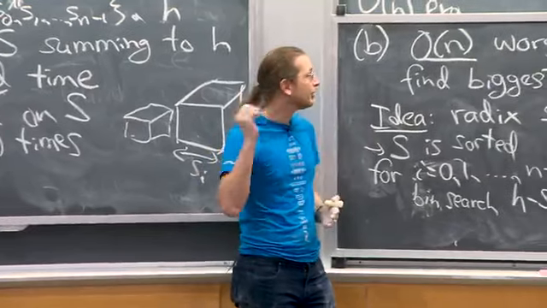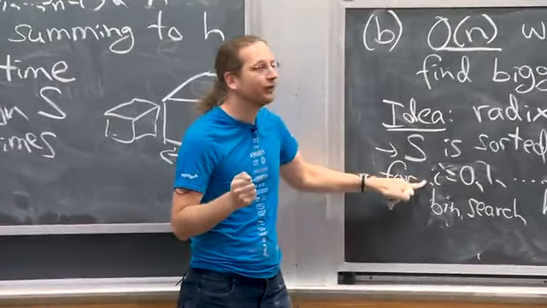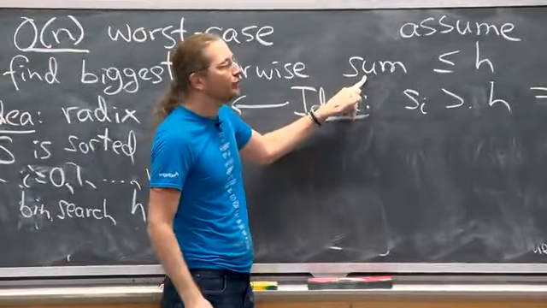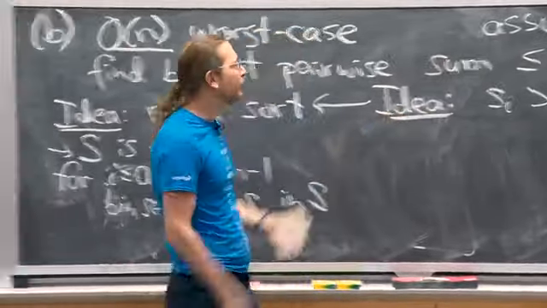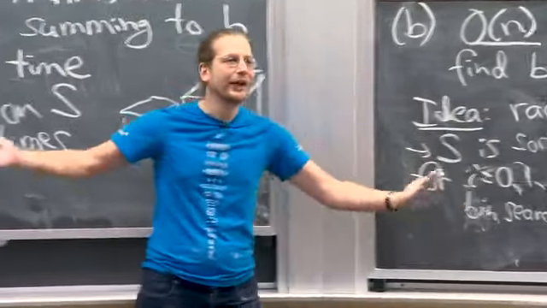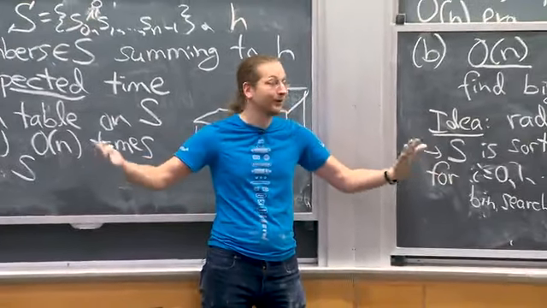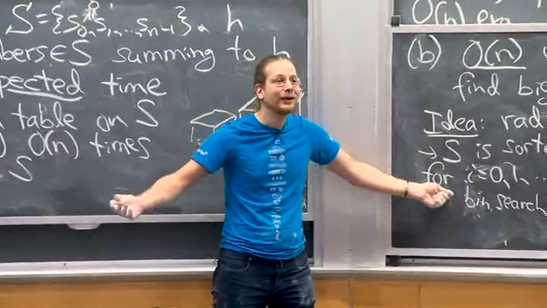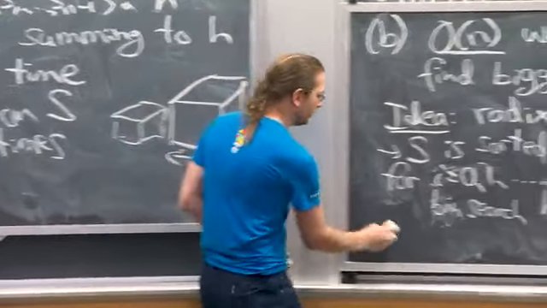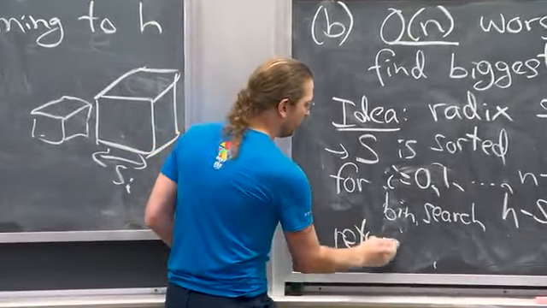And that will be the largest sum I can get using Si. And so then that's one candidate for a sum less than or equal to H. I want to find the largest one, so I do a for loop. I always keep track of a list of all the candidates I got. Each time I do an iteration of this loop, I get one candidate. Then I take the largest one. Okay, so return the largest candidate.